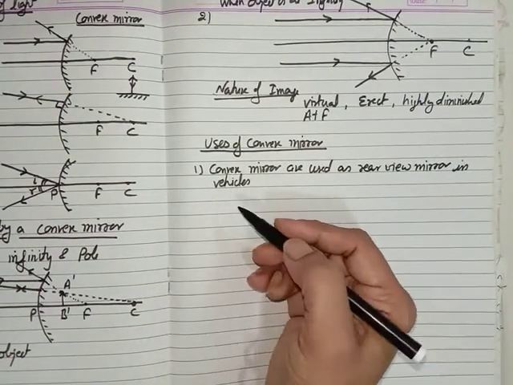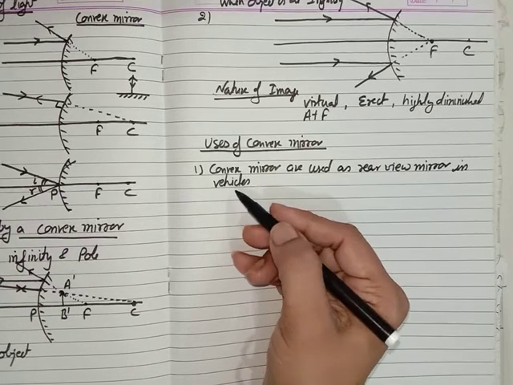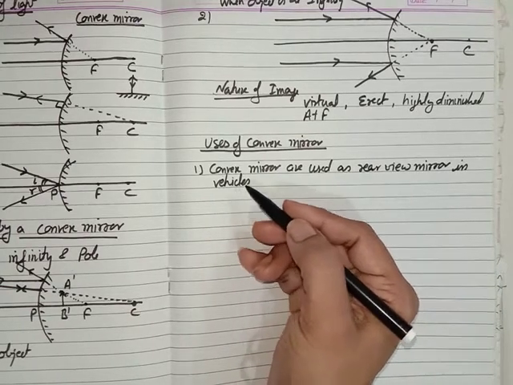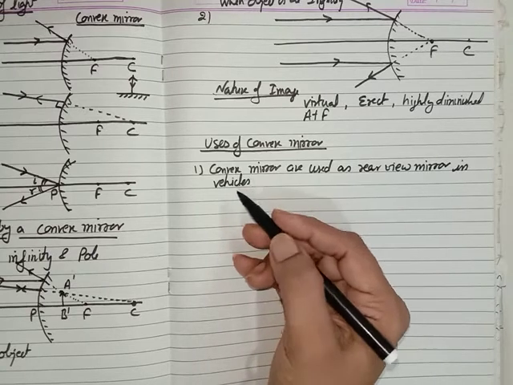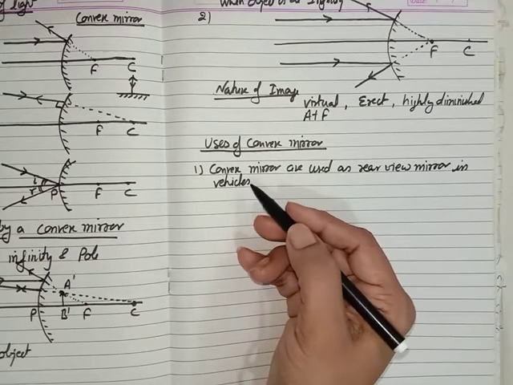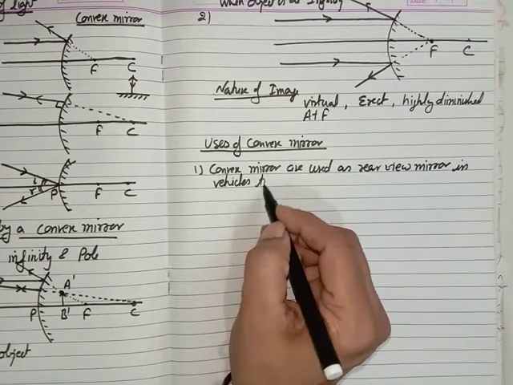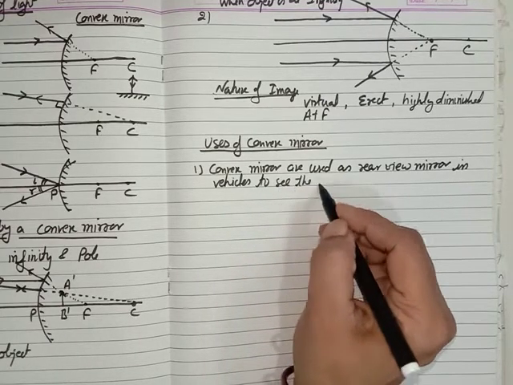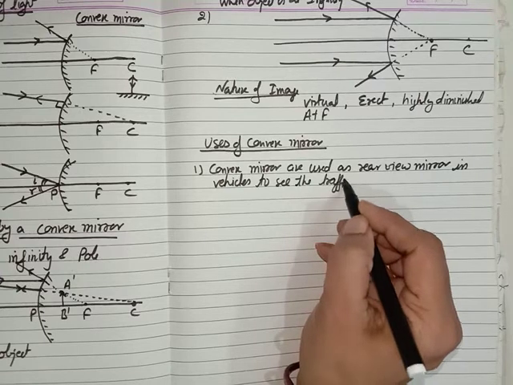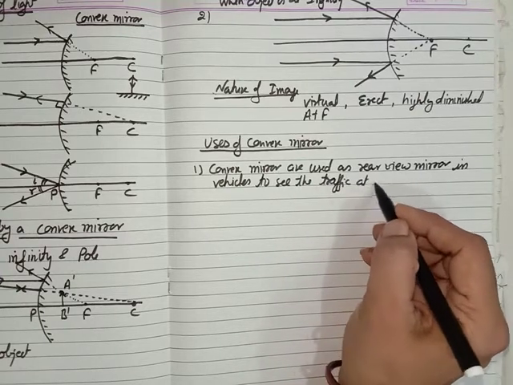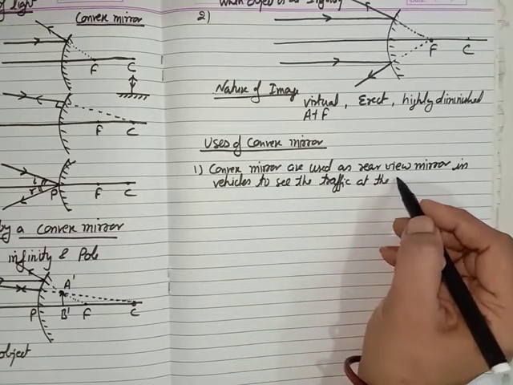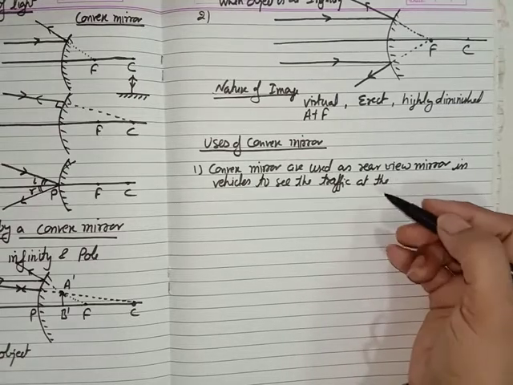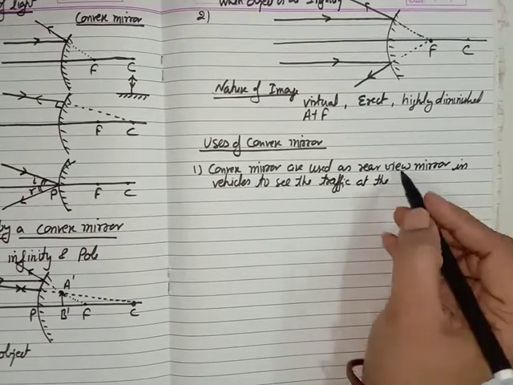Okay, this is the first use in vehicles like the car, truck, scooty, or buses. So we use a convex mirror as a rear view mirror to see the traffic at the rear side, meaning behind you, at your back side.